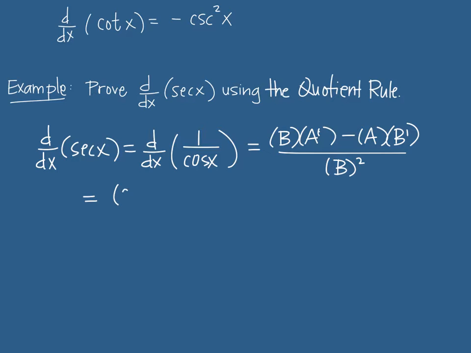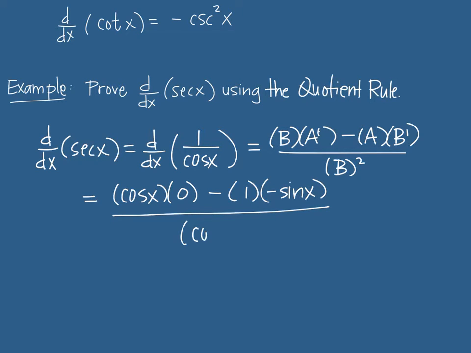All right, so b is cosine of x, and a prime is 0. And then a is 1, and b prime is the derivative of cosine, which we learned yesterday and proved to be negative sine, all over cosine x, that quantity squared.